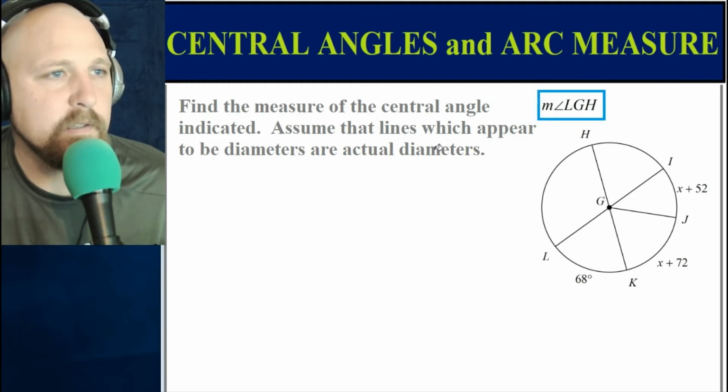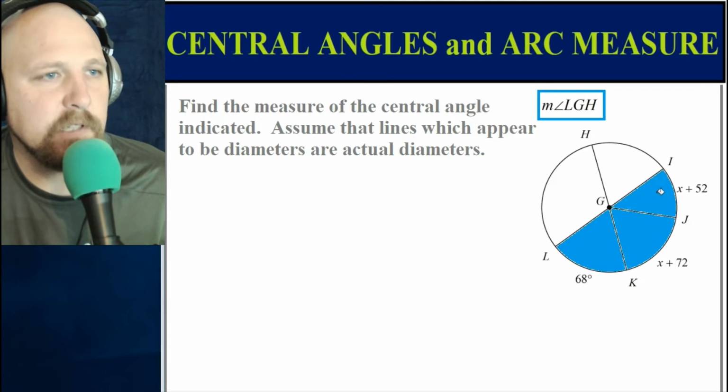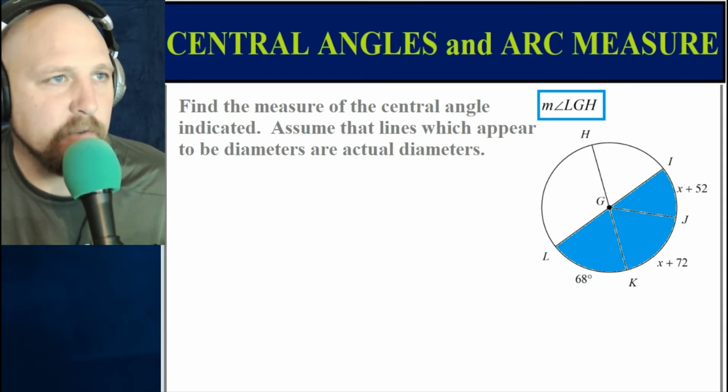and then we have to take these three sections, because IL is a diameter, and if you add these three up, you're going to get 180. Once you add those three up, you should notice H to K is a diameter.